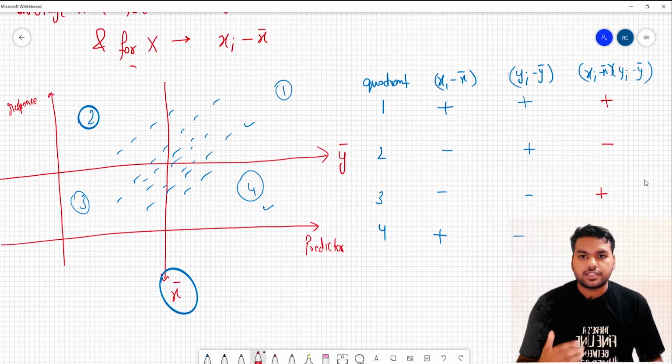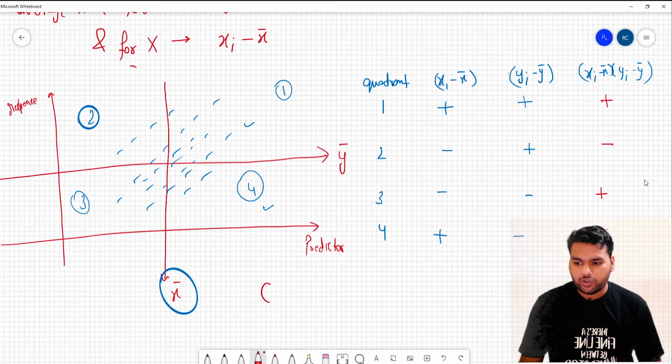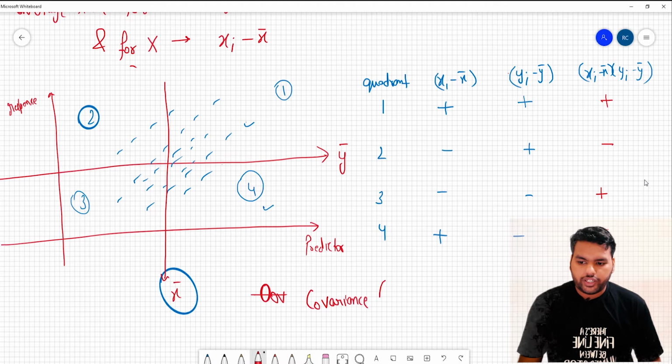To determine this more conceptually, we define the term known as the covariance. We find the covariance between y and x, that is the summation of xi minus x bar times yi minus y bar, divided by n minus 1, where i is equal to 1 to n.